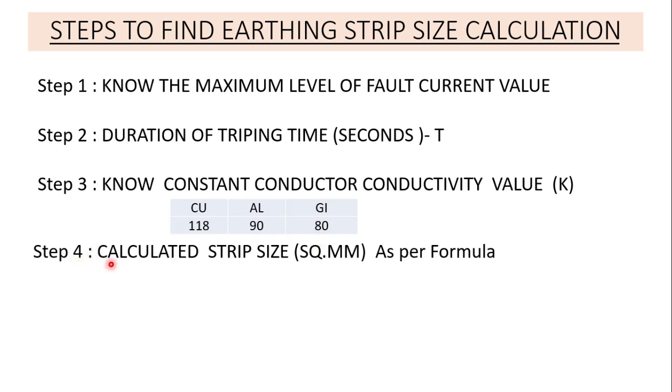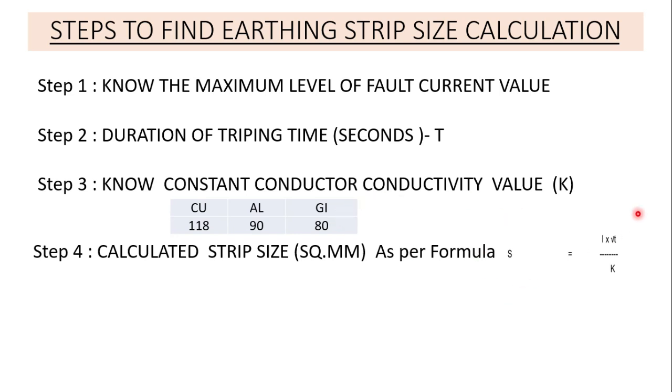Now step 4, we have to calculate the strip size in square mm as per the formula. This is the formula: S equals I, the maximum fault current, into square root of t, the tripping time, divided by K, the conductivity of the earthing strip material.